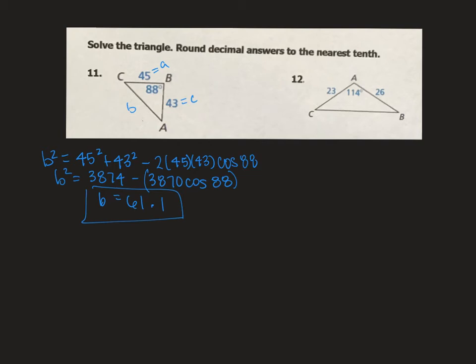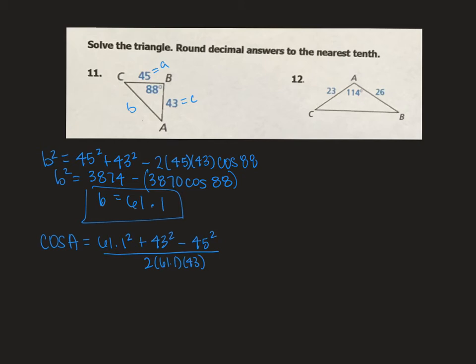Now I am going to continue with law of cosines just so that you can see it. So if I solve for angle A first, the cosine of angle A is going to be my b squared, which is 61.1, plus c squared, 43 squared, minus my a squared of 45 squared, over 2 times b times c, or 2 times 61.1 times 43.